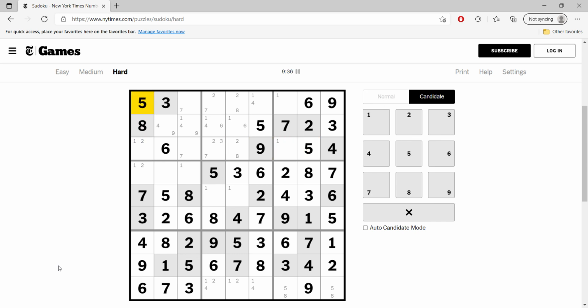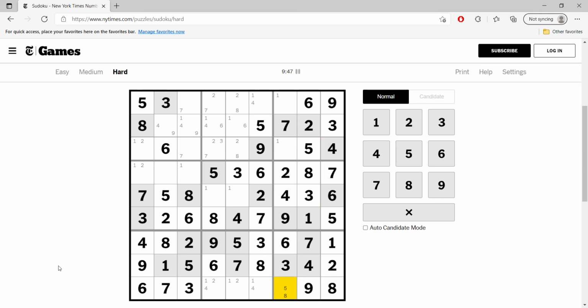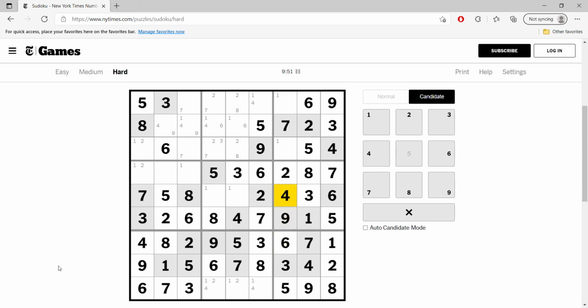We need a 5 in this column, and which 5 is not known? This is 8. This is the last 5. And an 8 here, which I'm not sure what to do with. And then we need a 9 here, which can only be here.